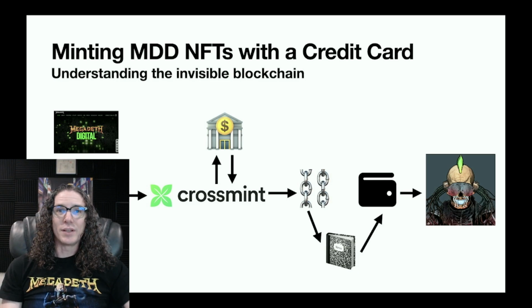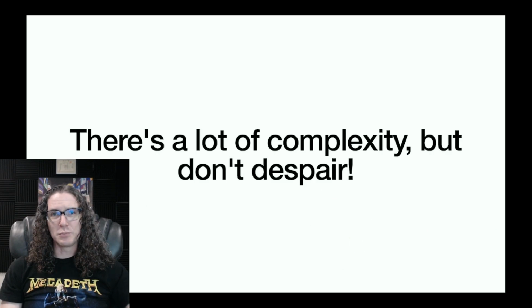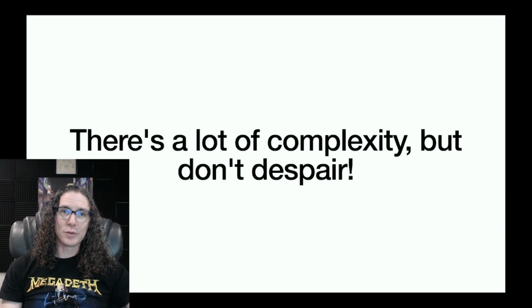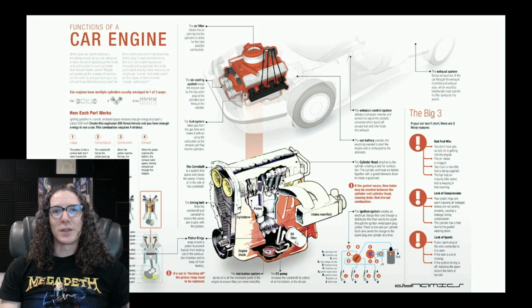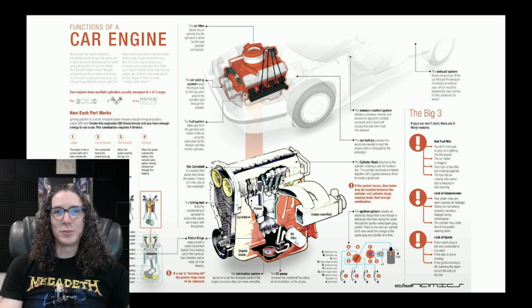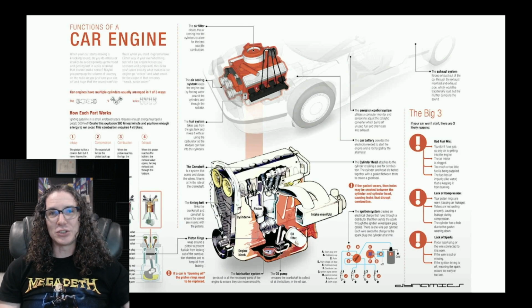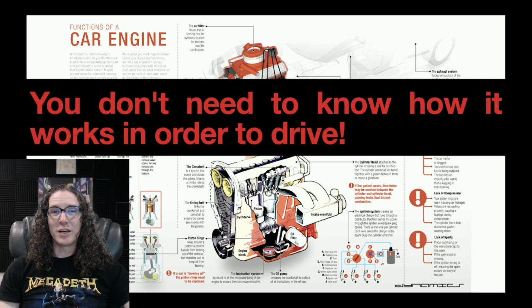That's pretty cool. It might seem a little complicated, but don't worry, because if you drive a car or you're familiar with a car, in a car we have an engine, and that engine helps the car move. But in order to drive the car, you don't need to know how the engine works.